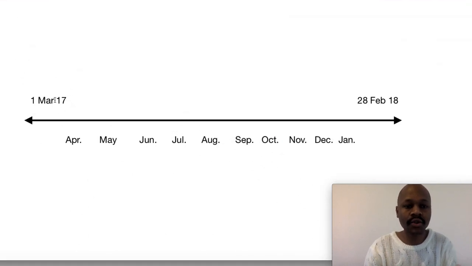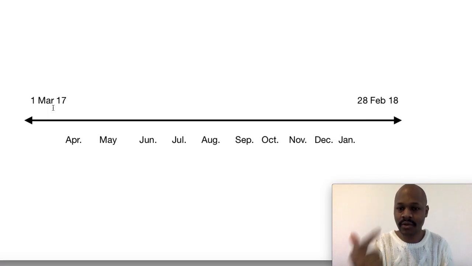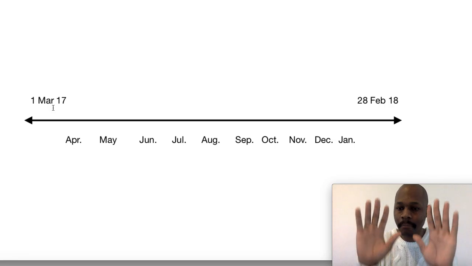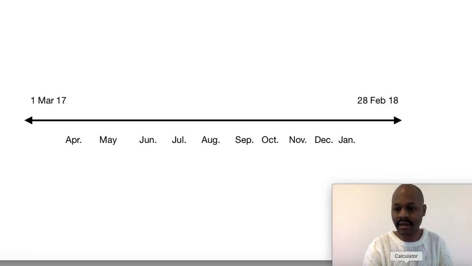So here you'll count how many hundreds you received. You start from March, April, May, June, July, August, September, October, November, December. 10 months you received 100% for.